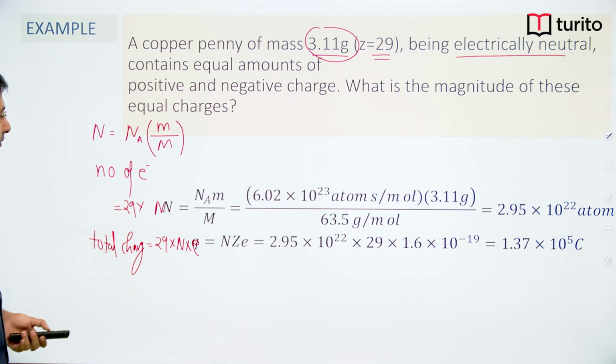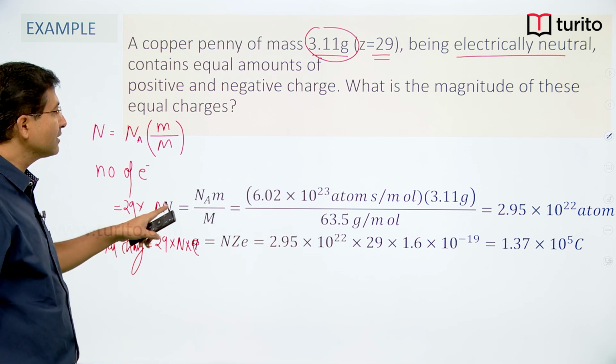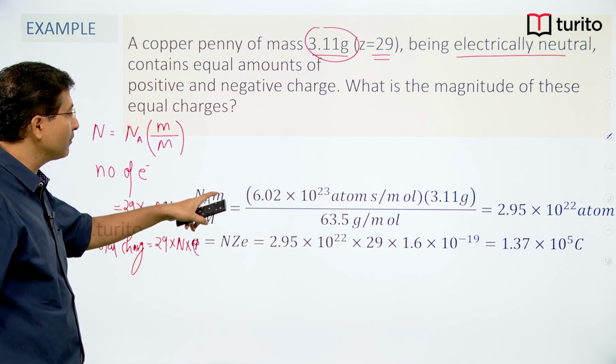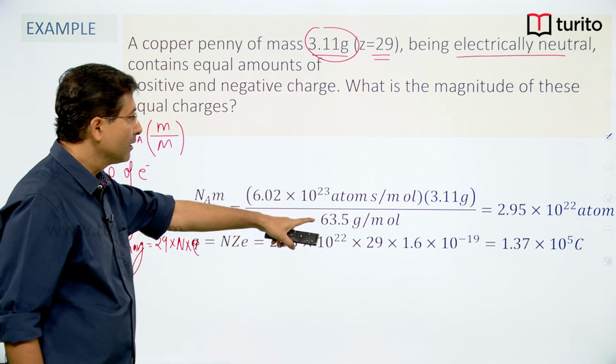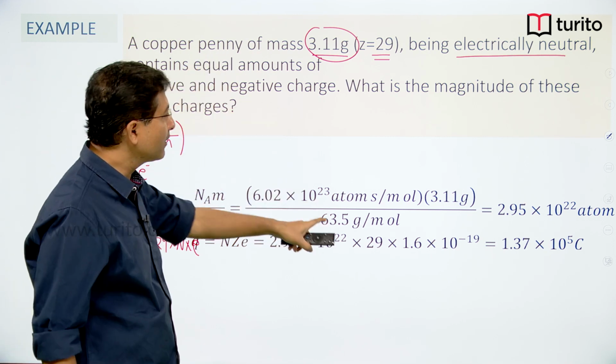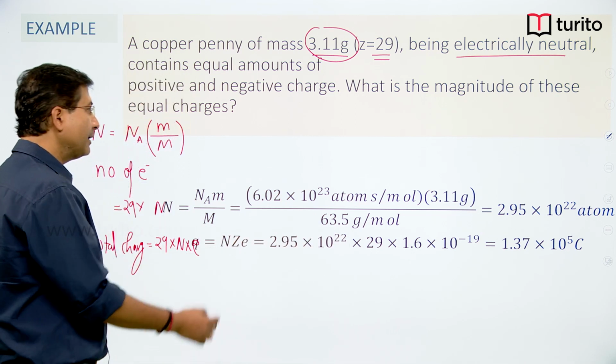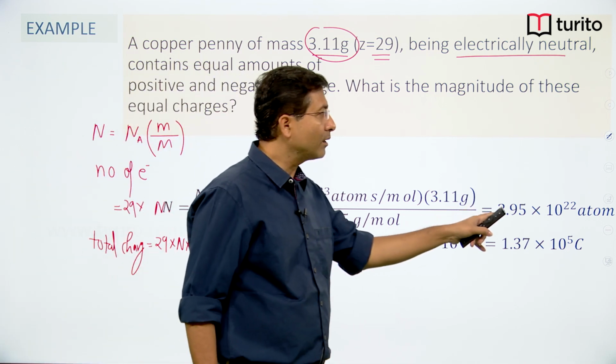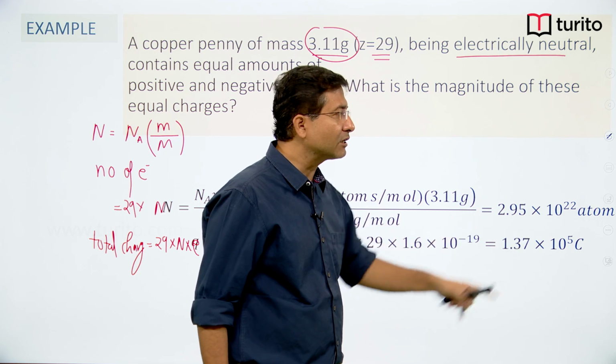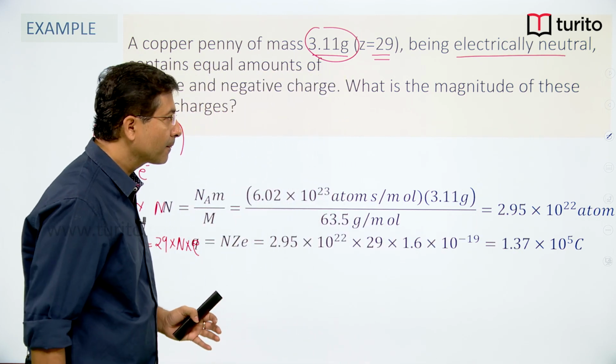So, n is equal to Na, Avogadro number, times m by capital M. You know the molar mass of copper, this is 63.5 gram per mole. If I divide, then I will get 2.95 into 10 to the power 22 atoms.